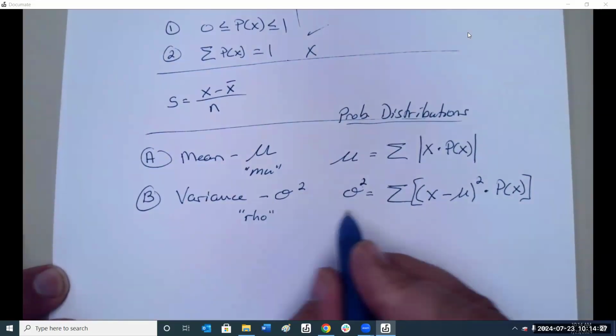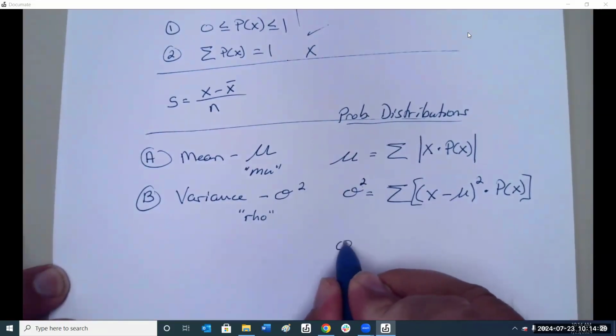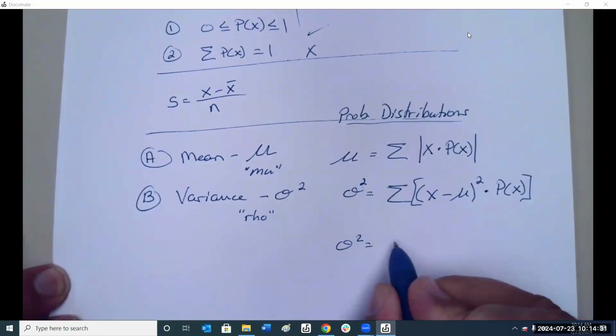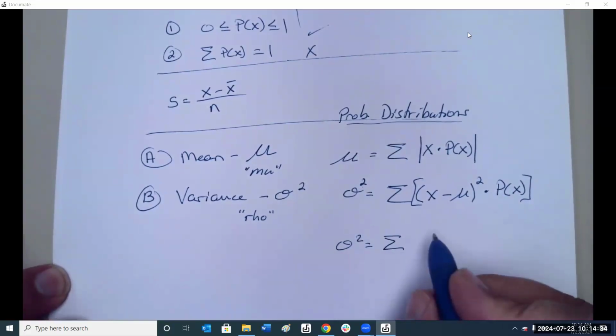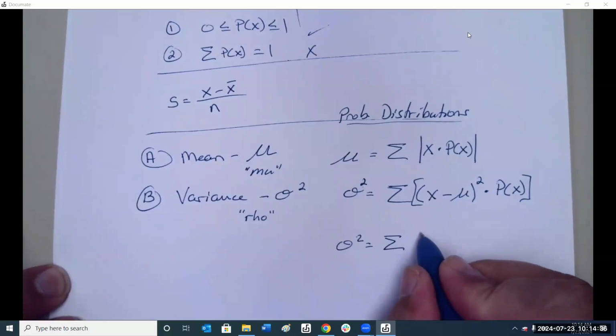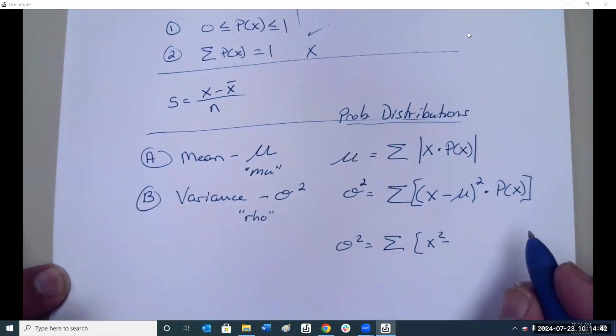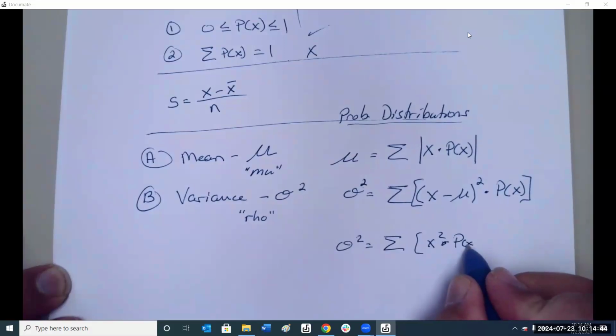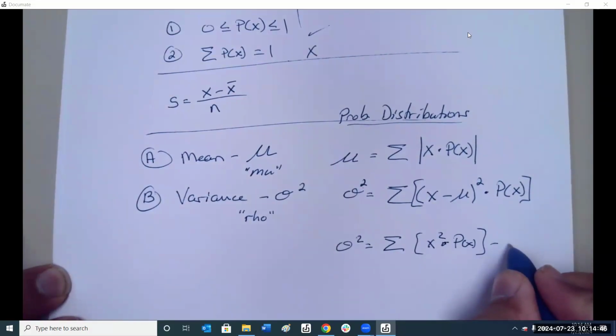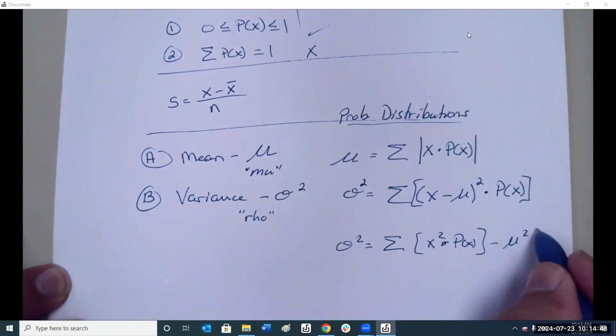Now, there's a second form of that rho squared. It's the summation of x squared times the probability of x, minus the mean.